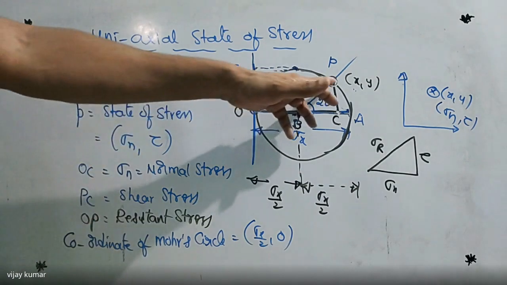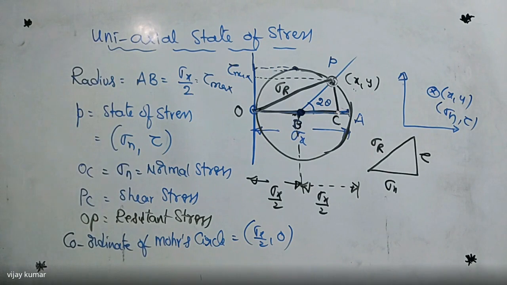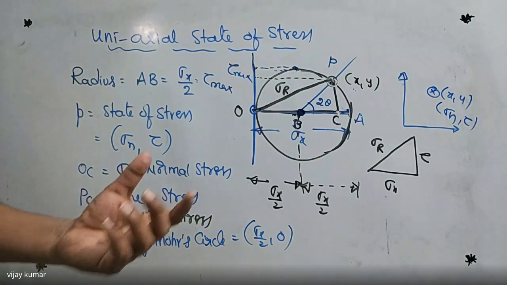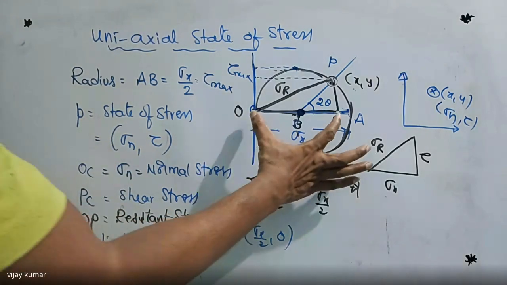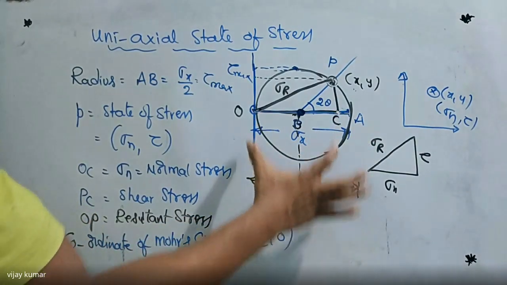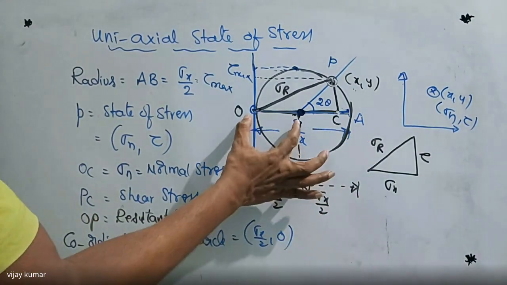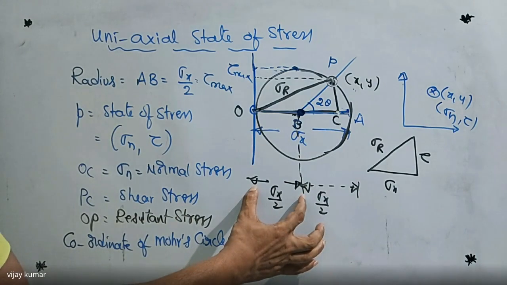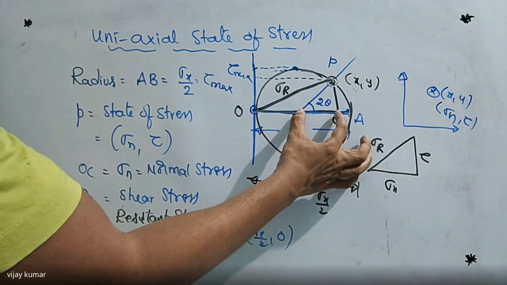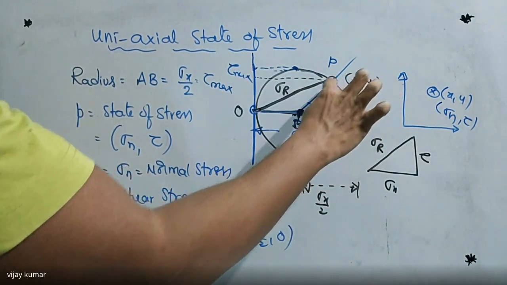P is the state of stress on an oblique plane which cuts the circle at one point, that is, P is equal to sigma and tau value. We can calculate the sigma n value. See this one, we can calculate this length. Up to this one here is sigma x by 2, and we can calculate this one by using this triangle.